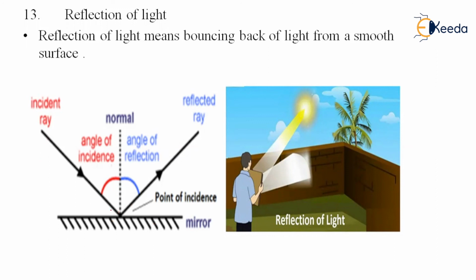Once the light falls on the smooth mirror, it will bounce backwards. So it is a reflected ray. Angle of incidence, angle of reflection. Point of incidence is where the incident light strikes. This is an example: sunlight is coming on this mirror and the person is reflected back. So what is happening here? Here the reflection of light is going on.